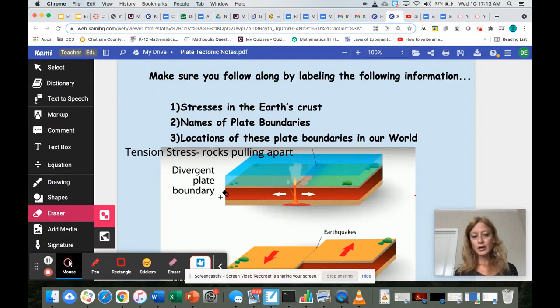In that picture of the volcanic eruption and that first picture that some of you noticed, a couple of you said that, hey, it looks like the land and the crustal plates are pulling apart. And this is one way that Earth's crust or oceanic crust can move.